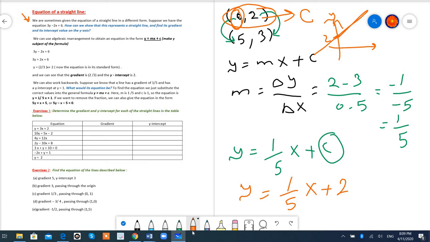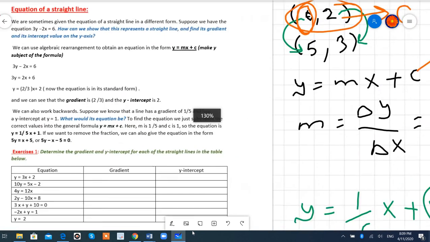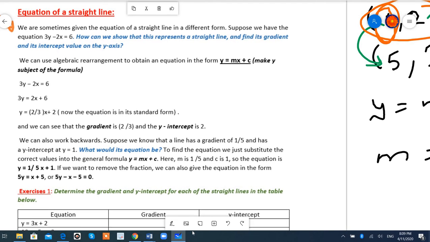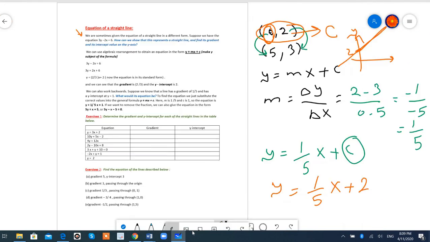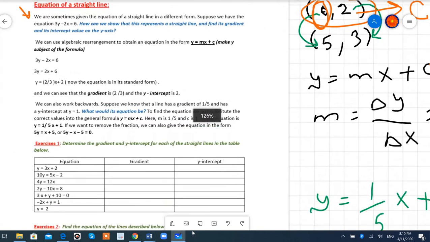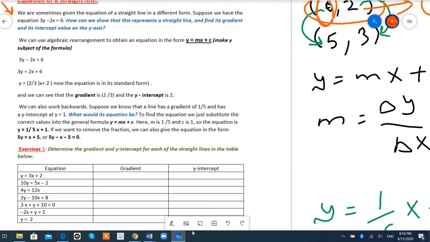Suppose we have the equation 3y minus 2x equals 6.